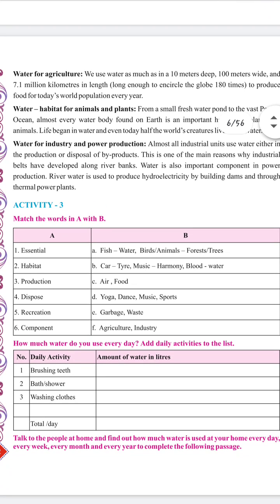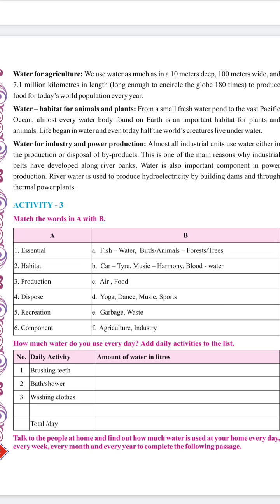Third thing is washing clothes. Near about 4 to 5 liters of water, plus 5 liters of water is used. It really depends upon the number of clothes which are used by a human being for washing purposes. If you are taking one set of clothes like a shirt or pant, you will be easily able to clean it in 5 liters of water.